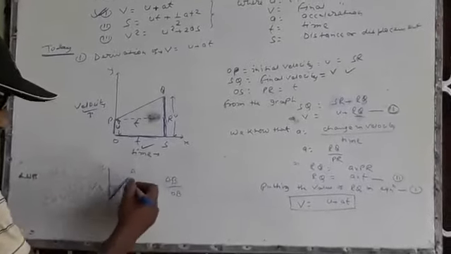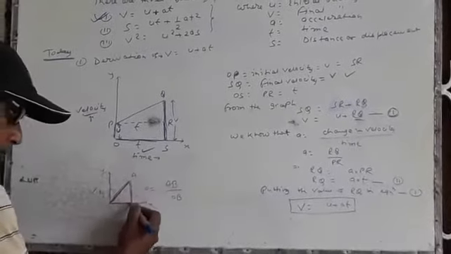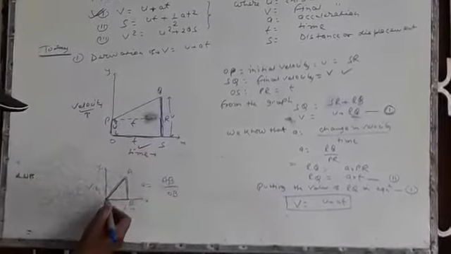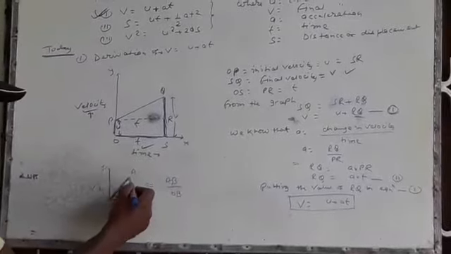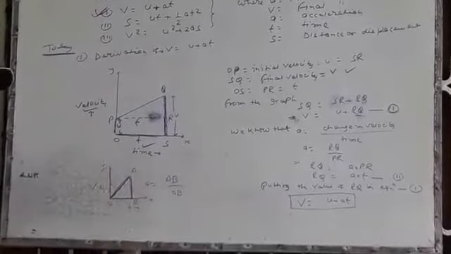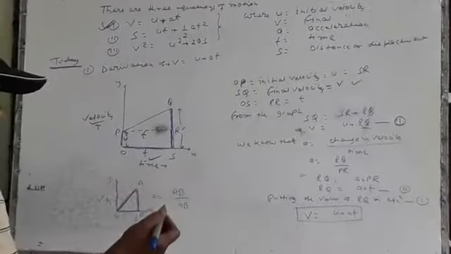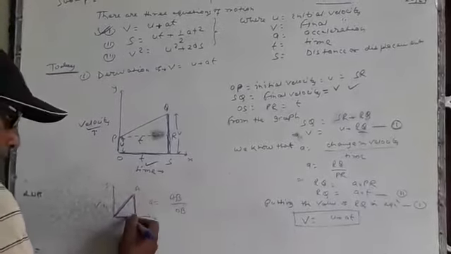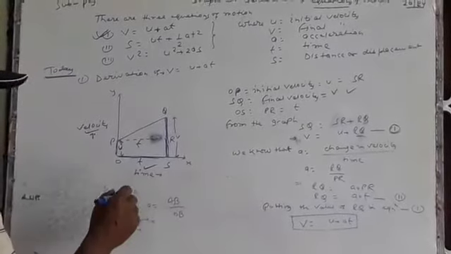So a equal to AB by OB. Initial velocity is 0 here and AB is the final velocity. So if you want to calculate, it is very simple: AB by OB represents the acceleration.